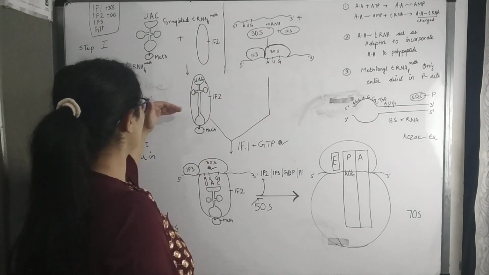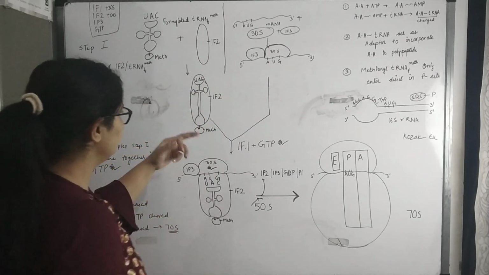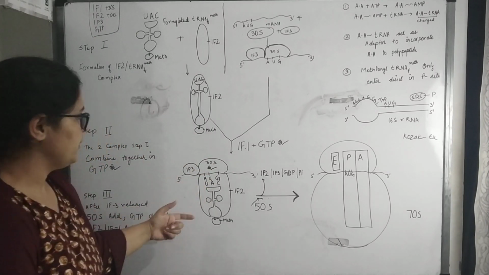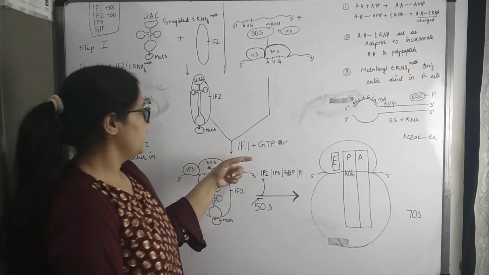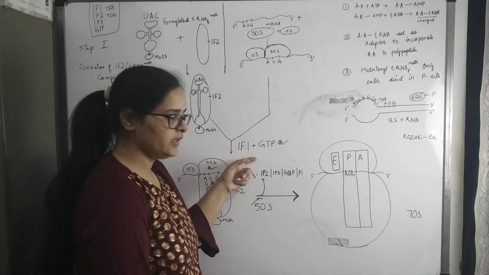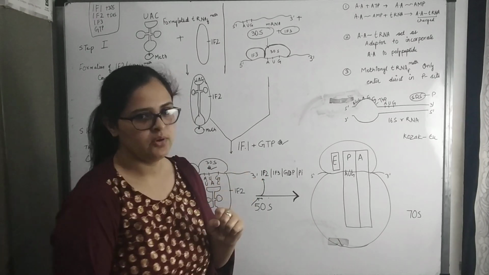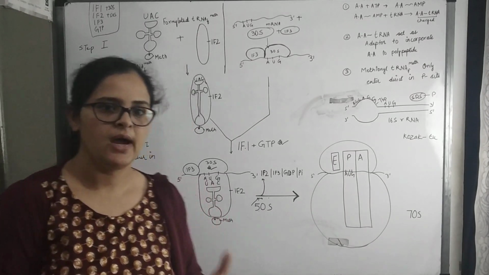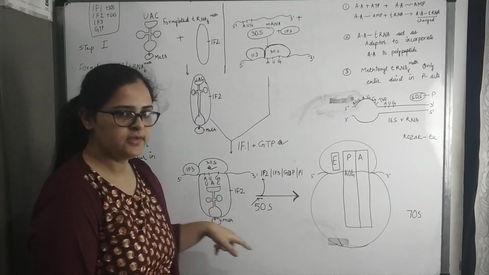When these two complexes merge together, they will create the next step in the presence of IF1 initiation factor and GTP. Why GTP? Because GTP is an energy rich source and it will provide energy to the reaction.